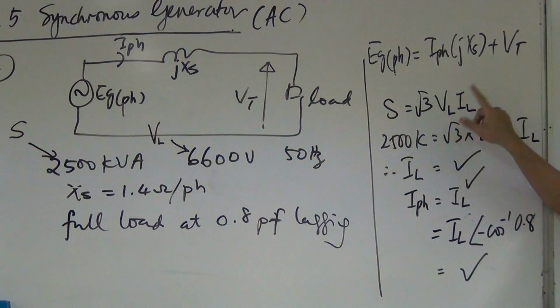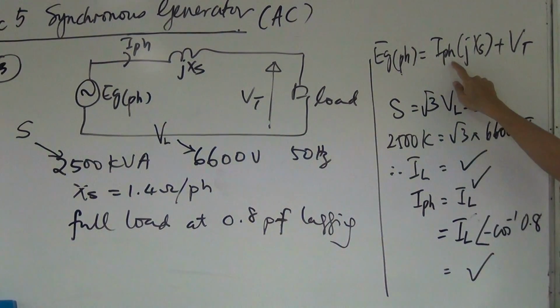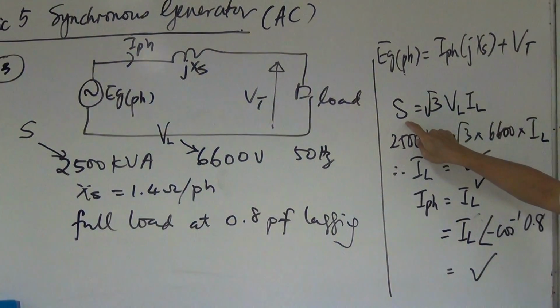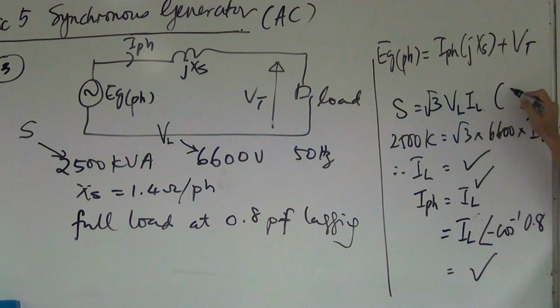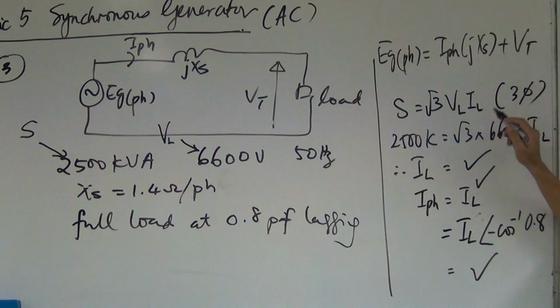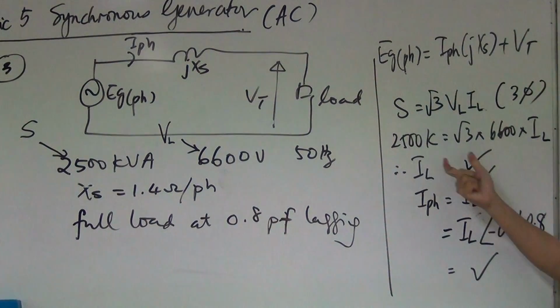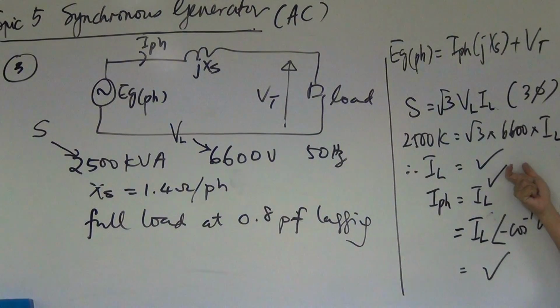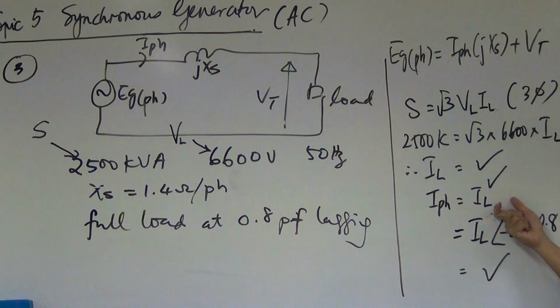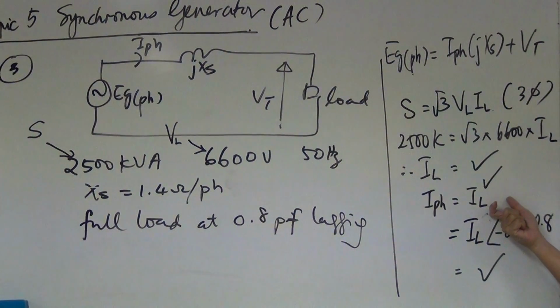Then ask yourself, how do I get the information? I can find the current using the apparent power. Apparent power is equal to square root 3 VLIL. This is for 3-phase. Right, so with that, 2500k equals square root 3 times 6600 times IL. I get IL. IL is the same as I phase because it's a star connected circuit.